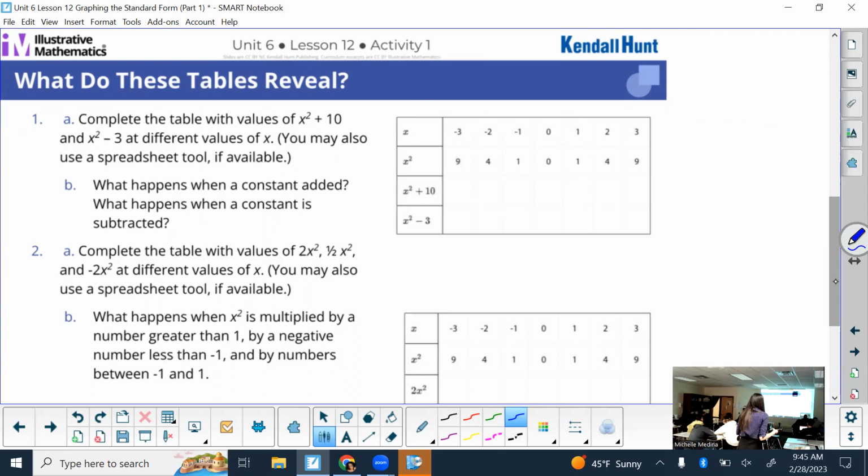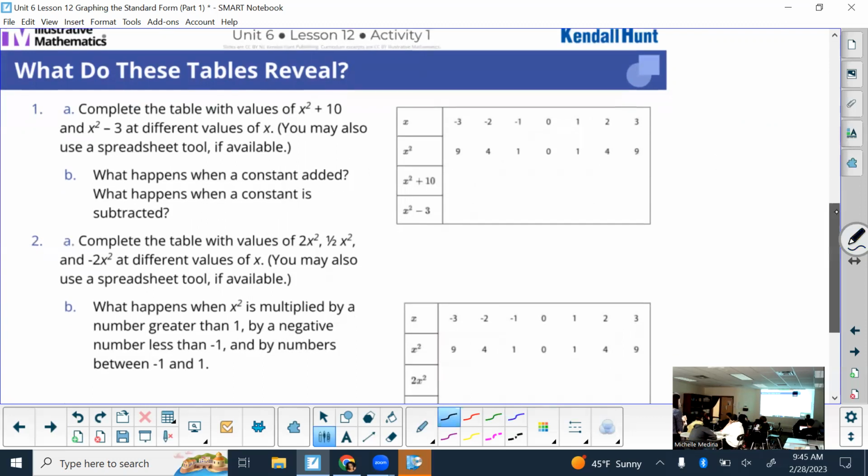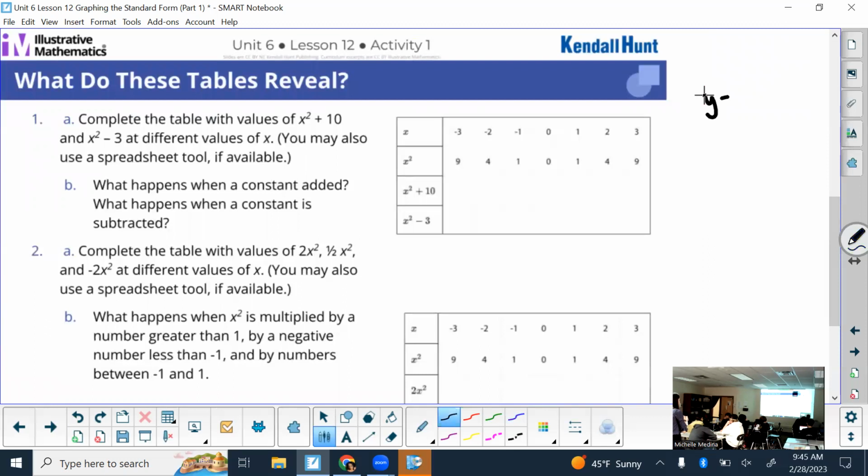What's the minimum requirement for something to be a quadratic function? X squared. Good. Could you have other stuff around it? Yes. You could have an X term. So let me actually put it in Desmos.